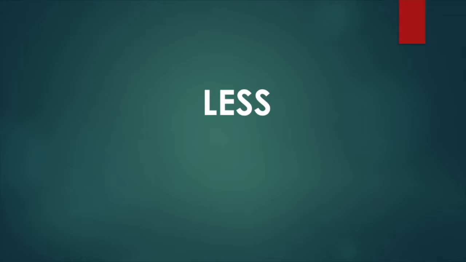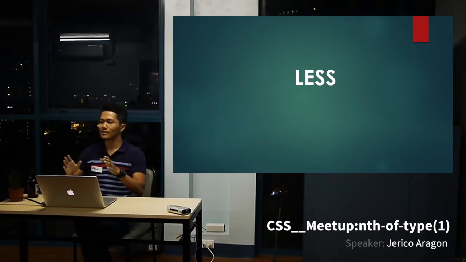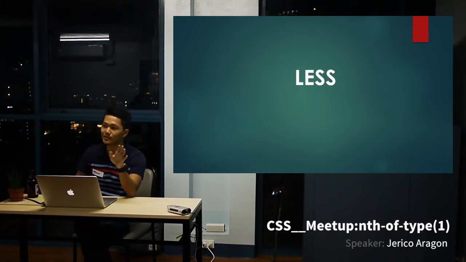Good for you. And then, nag-start ako, ang first choice ko to try is yung Less. Yung Less, parang natural extension siya ng CSS. It has brackets, tapos may nesting lang siya and variables.